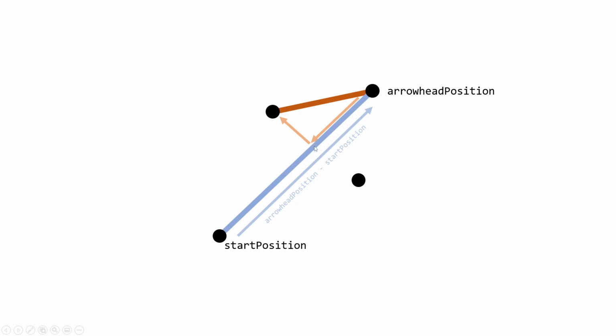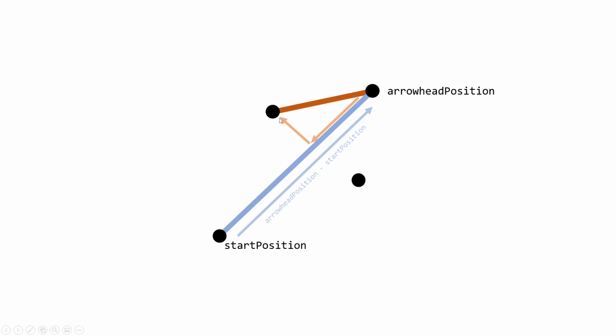And then at this point, when we calculated this point using the subtraction, we can use the get normal function we created earlier to create a normal which is orthogonal to that long line here. And when we have that vector, that will be a direction vector.